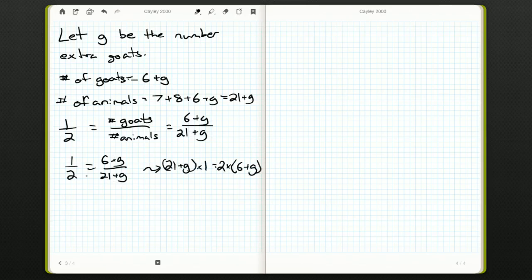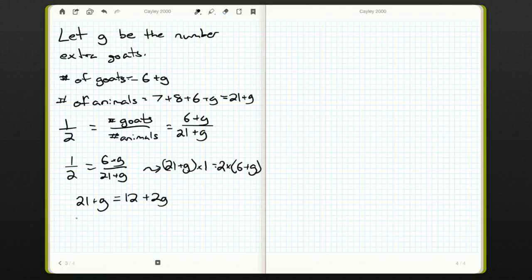Just rearrange the fraction so that's a single equation. Now we're going to get some sort of linear expression in G. 21 plus G on the left-hand side, and then 2 times 6 is 12, plus 2 times G, that's 2G.